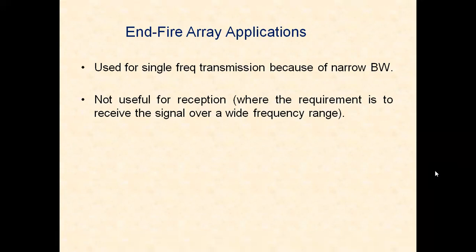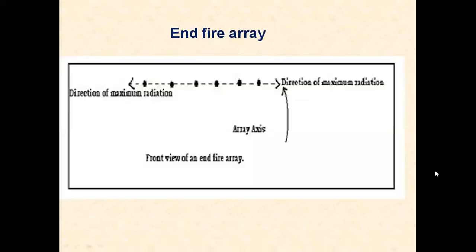Since the end-fire array is used for only a single frequency, it is not suited for reception, because in reception we require many signals to be received. So it is ideally suited for transmission and not that useful for reception, where the requirement is more over a wide band.